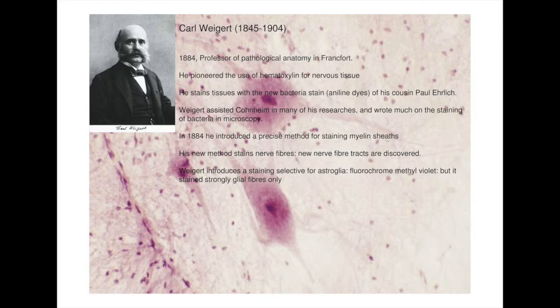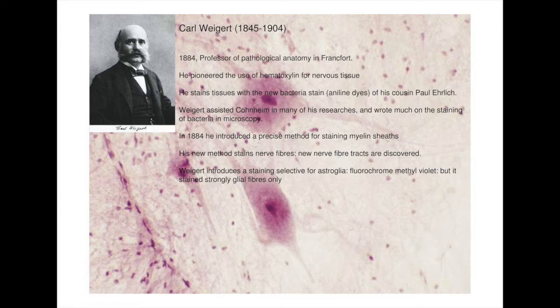He also stained tissue with the new bacteria stain aniline dyes. Weigert wrote much on the staining of bacteria in microscopy. In 1884, he introduced a precise method for staining myelin sheaths. His new method stained nerve fibers, leading to the discovery of new nerve fiber tracts.